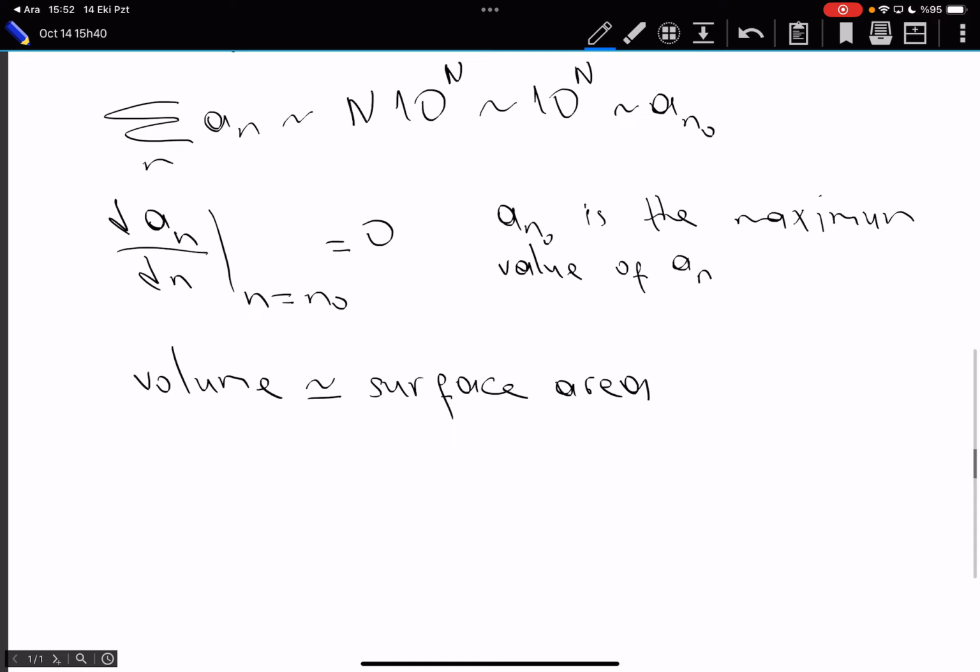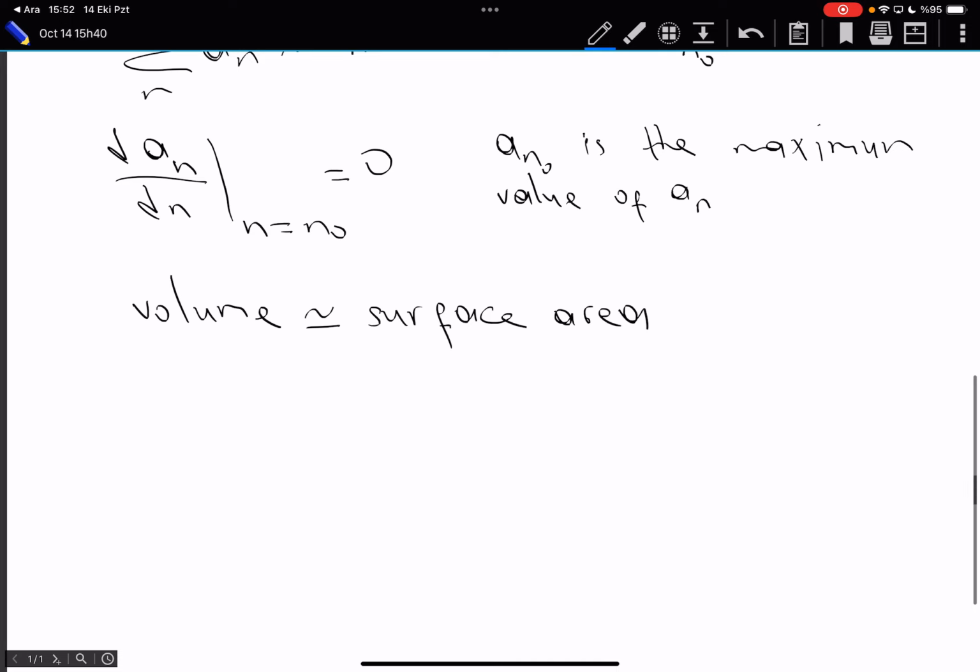Basically, if you would like to calculate the volume of an object, the volume will be mainly given by the surface area. Why? Let's see. What is the surface area of an object? Or what is the change in the volume?